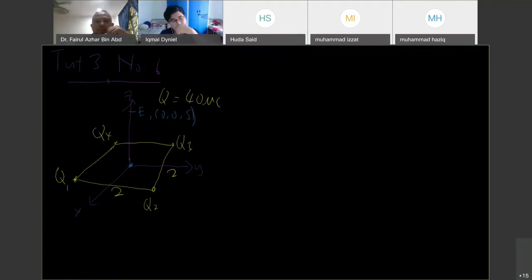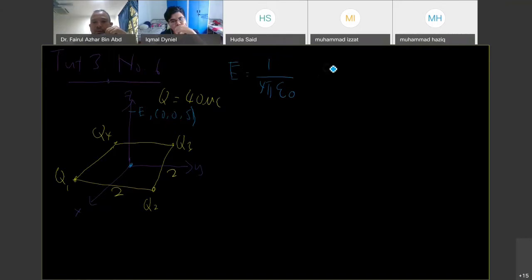In order to find this, we know the general expression for E is equal to 1 divided by 4 pi epsilon. In this case we assume all these charges reside in air, so we have epsilon naught rather than epsilon.